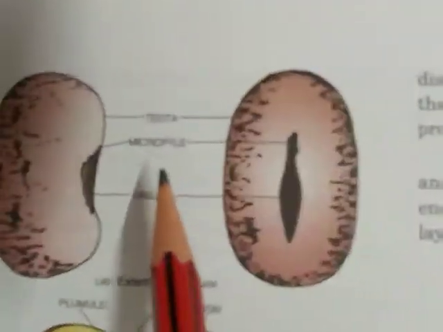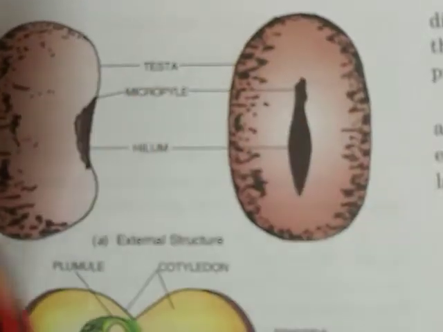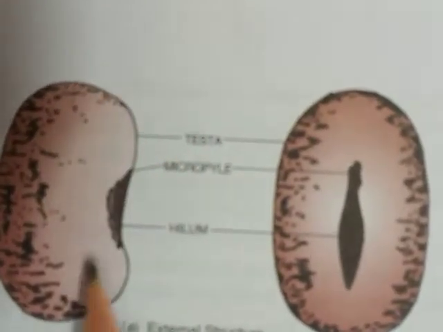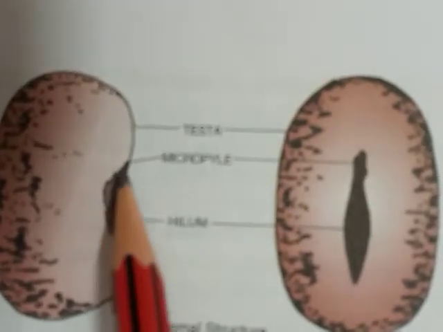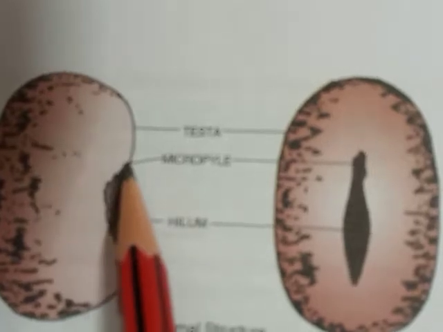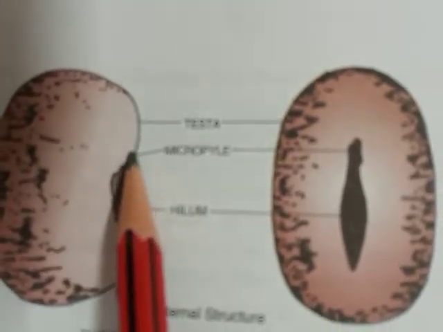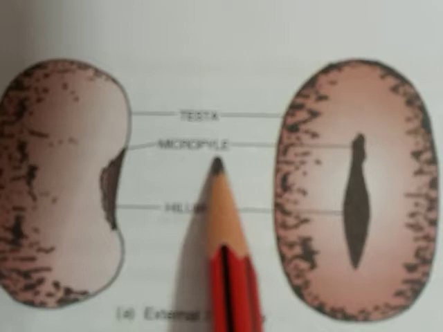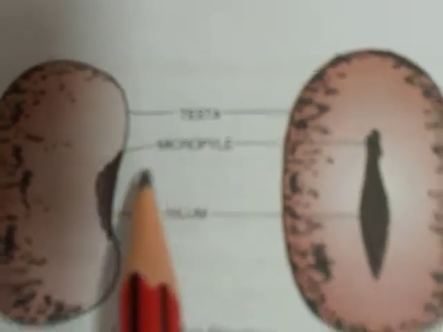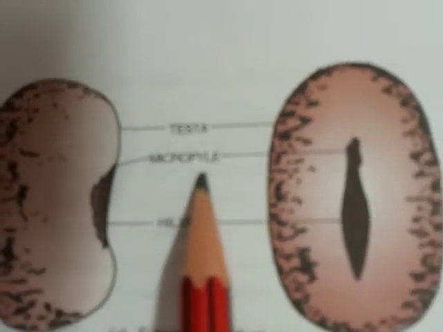See here, children, this is the structure of a seed we can see here. These are the testa and tegmen. And here you can see a scar. This scar is known as the hilum. Lying next to the hilum, or adjacent to the hilum, is a small pore, and this pore is known as the micropyle.